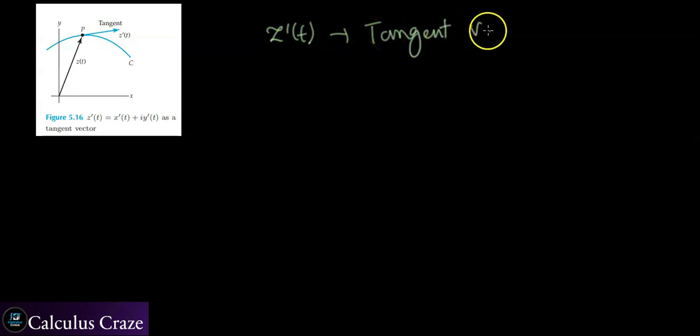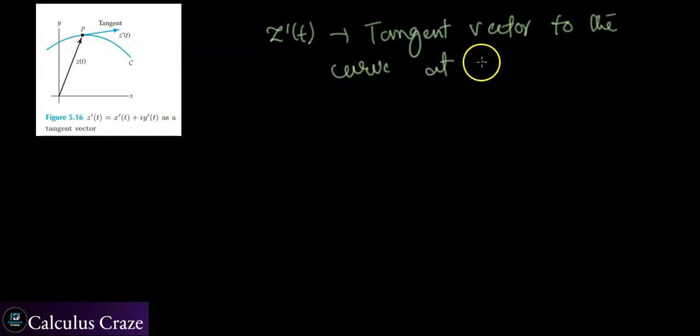One more thing is that the derivative of the parametric function, or the parametrization, gives us the tangent vector to the curve. So this is a curve as shown, and at this point we have found its derivative, and its derivative is basically a tangent vector to that curve at that point.